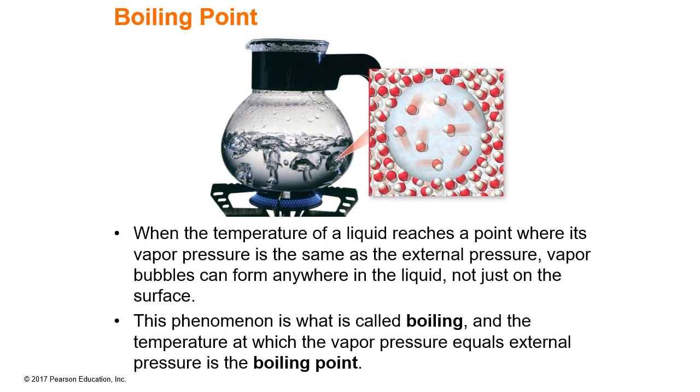When this happens, this is what we call boiling. And the temperature at which that vapor pressure equals the external pressure is our boiling point. And we talked about the normal boiling point being at 1 atmosphere.